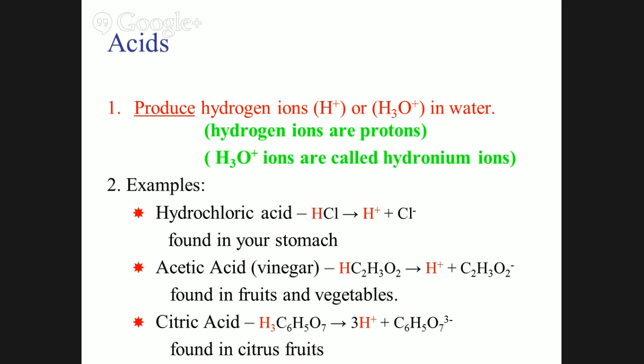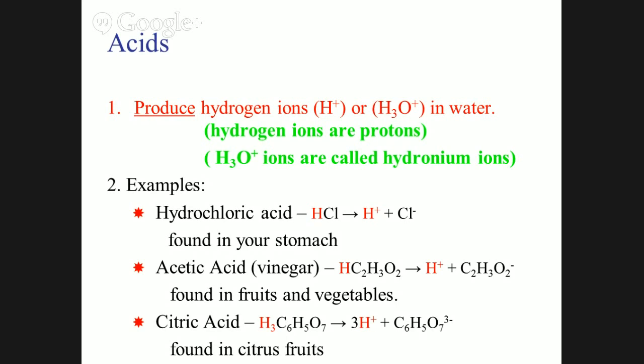And when this is dissolved in water, basically you'll get hydrogen ions, and then you'll get some other type of negative ion. Chloride ions for the hydrochloric, acetate ions for the acetic acid, and citrate ions for the citric acid.